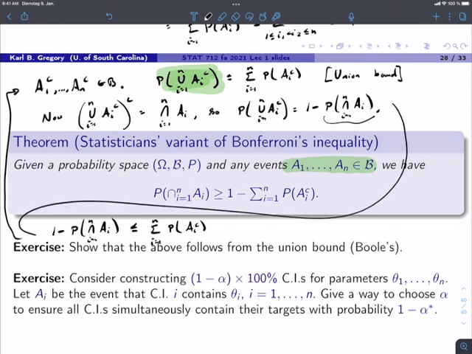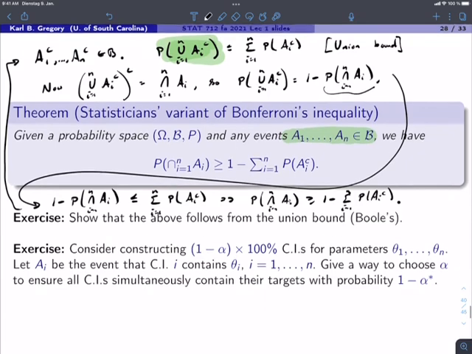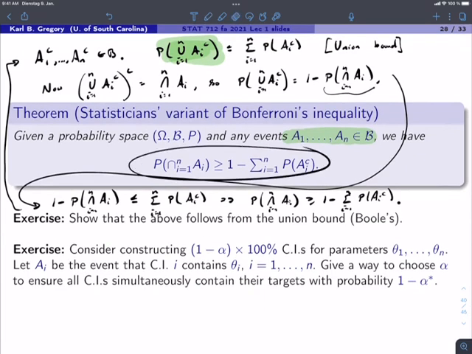So coming here next, and that gives probability intersect AIs. If I move it over to the other side, then I have this. Okay, so that proves the result.